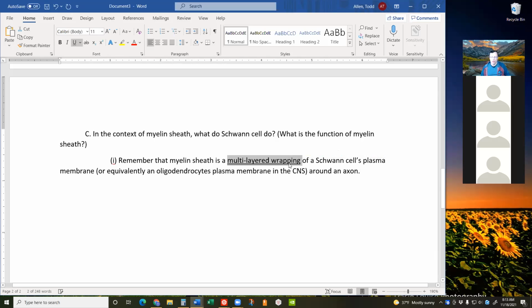Let me give you an analogy. Let's imagine that your finger is an axon and that we have a Band-Aid because you've cut your finger.